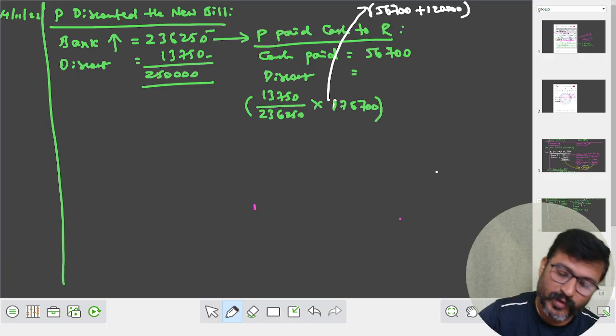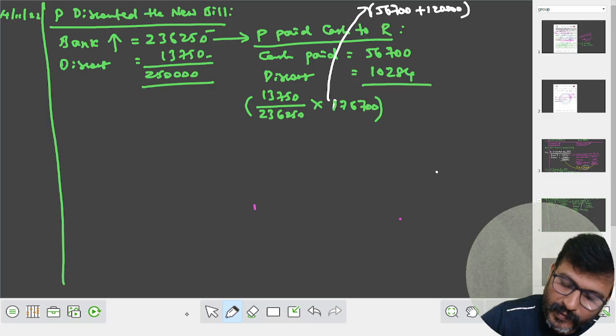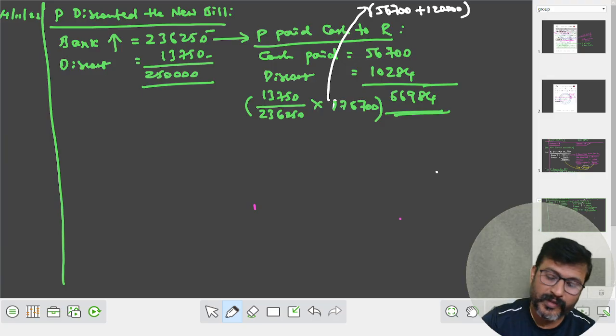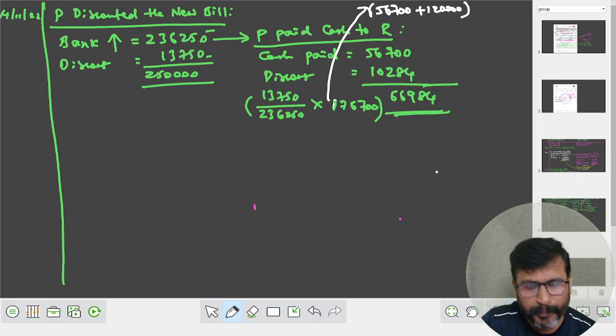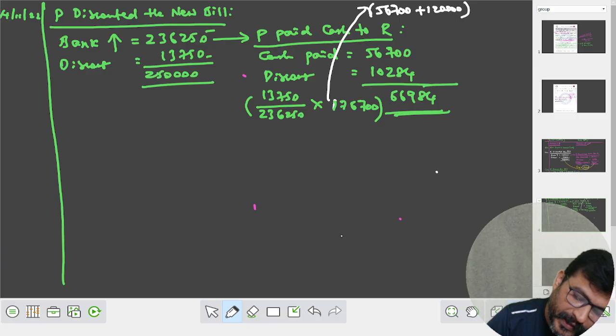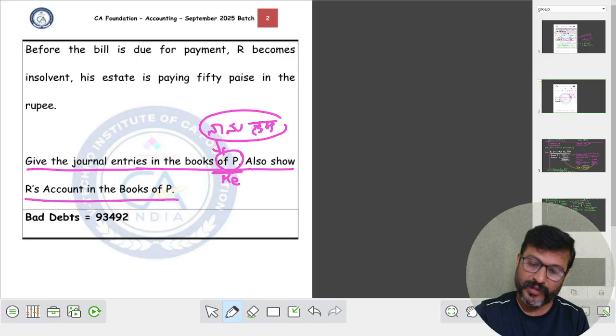The discount comes to rupees 10,284. Find out the total. The total comes to rupees 66,984. Did you understand how much cash was paid by P to R, and how to work out the discount? This discount calculation, I tell you my dear students, is a very, very important section. See what happened in the next stage.